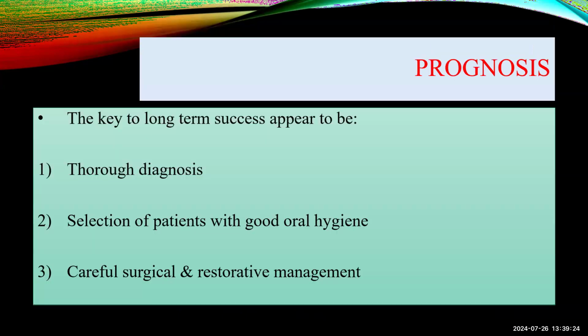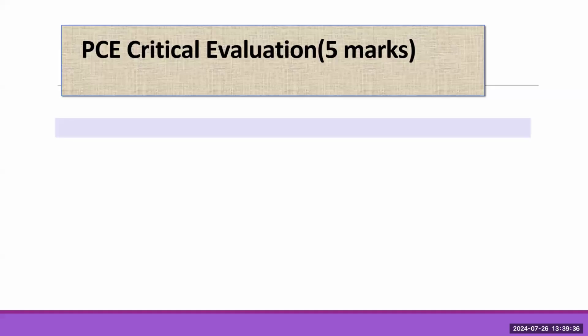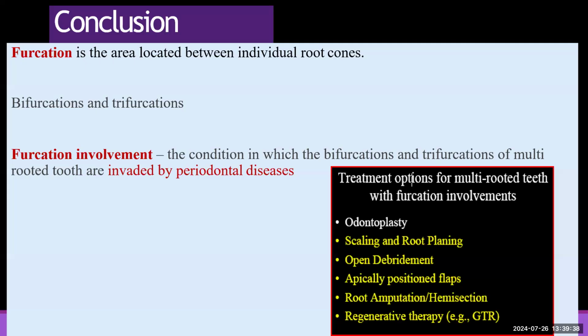So, prognosis. The key to long-term success in furcation management appears to be a thorough diagnosis, selection of patients with good oral hygiene, and careful surgical and restorative management. To conclude, furcation is the area located between individual root cones, bifurcations as well as trifurcations.